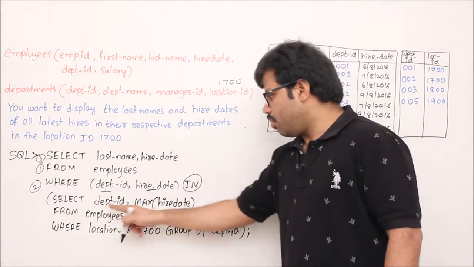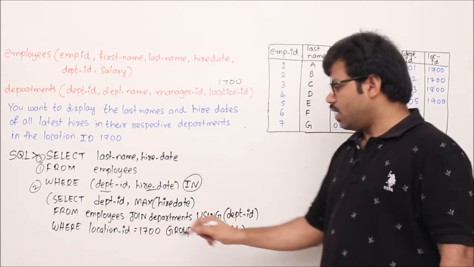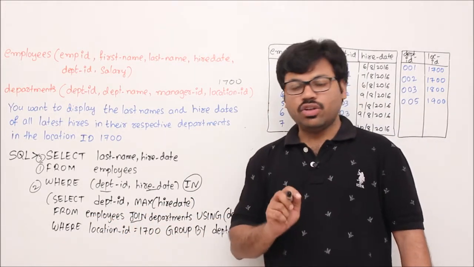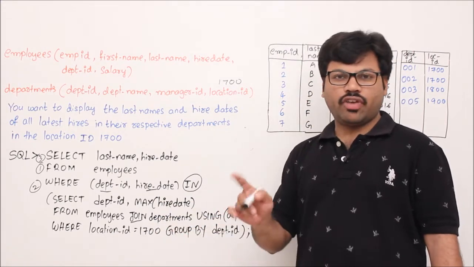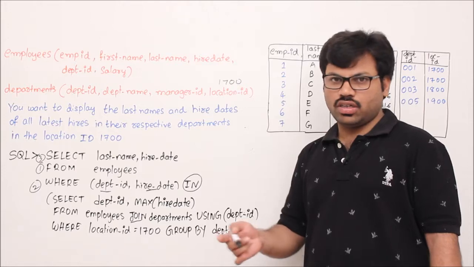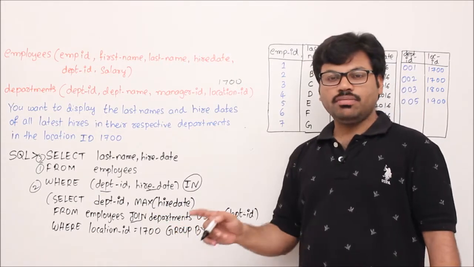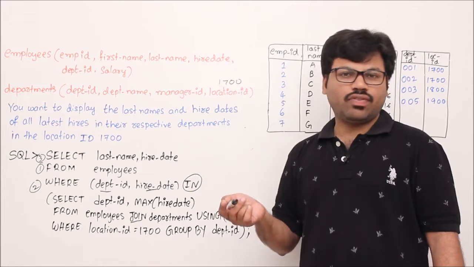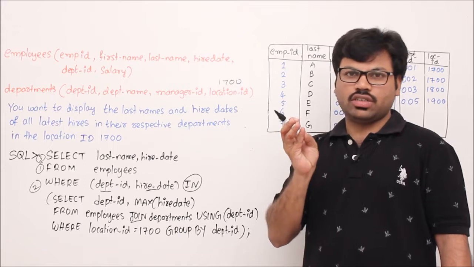We'll see. Select department ID, max of hire date from employees join departments. Sir, what is the meaning of join? I taught you inner join and outer join, right? So whenever they mention join without specifying the type, whether it is inner or outer, then the default is inner. If it is really an outer join, there are three kinds of outer joins. What are they? Left outer join, right outer join, full outer join.